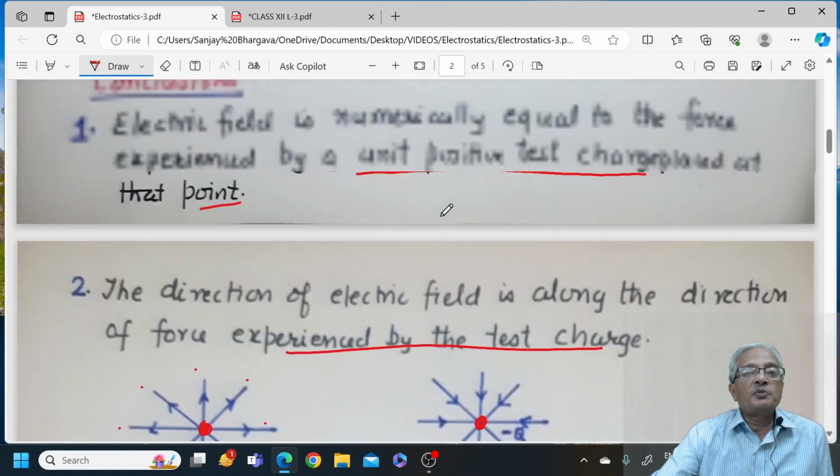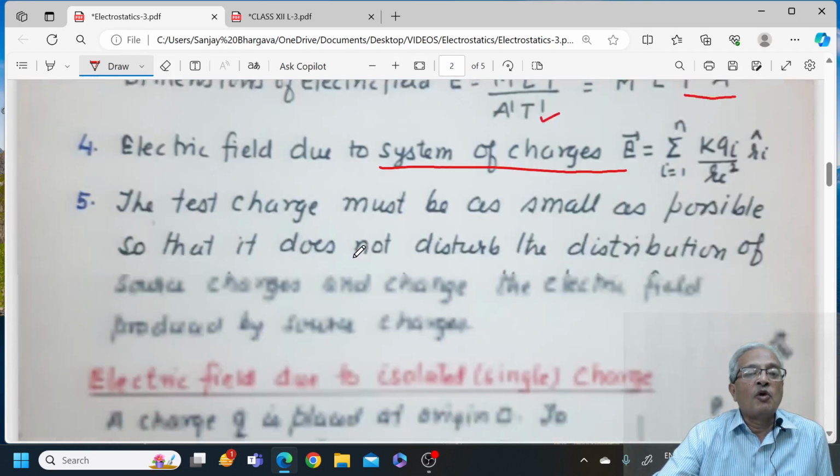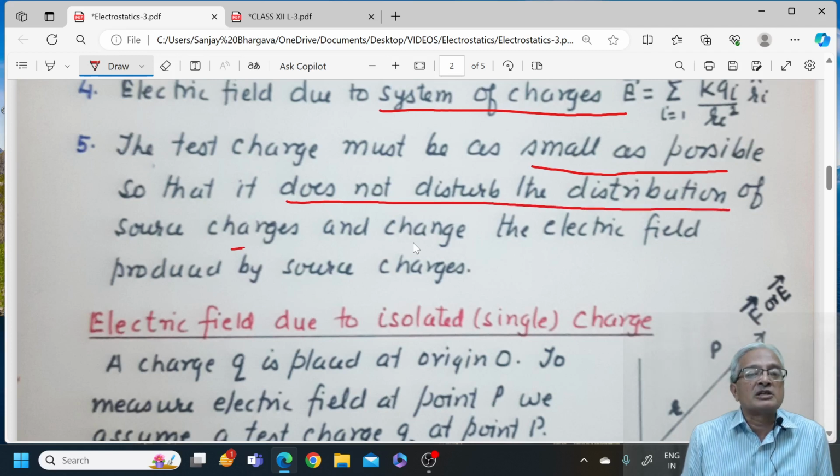Now we had put a limiting condition here, Q0 must be tending to 0. Why? The test charge must be as small as possible. Why? So that it does not disturb the distribution of the source charges and change the electric field produced by the source charge.